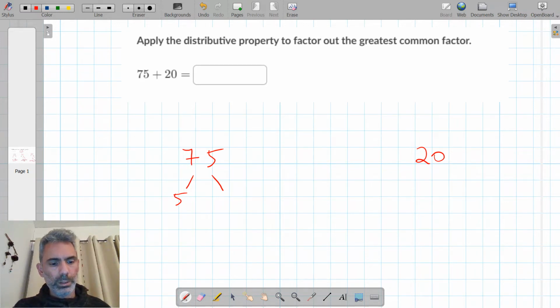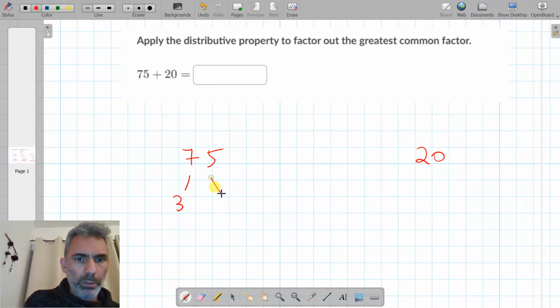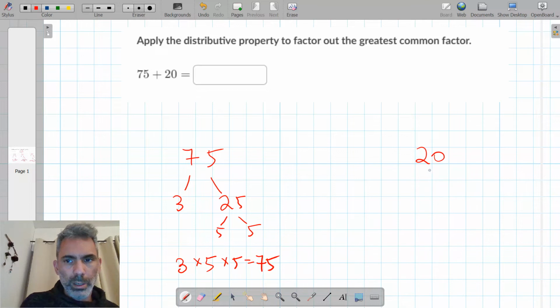Sorry, that's 25. 75 is 3 times 25, and 25 can be broken down into 5 and 5. So 3 times 5 times 5 is 75, and 20 can be broken down into 4 and 5, and 4 is 2 and 2.